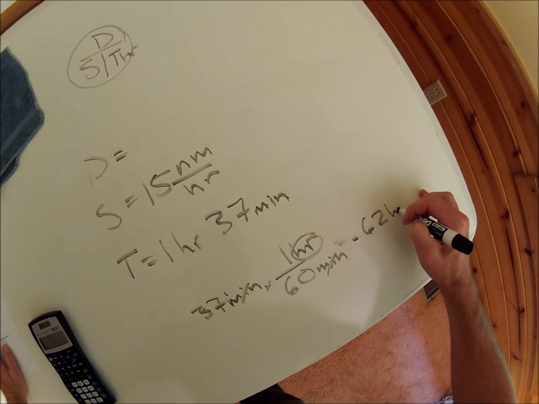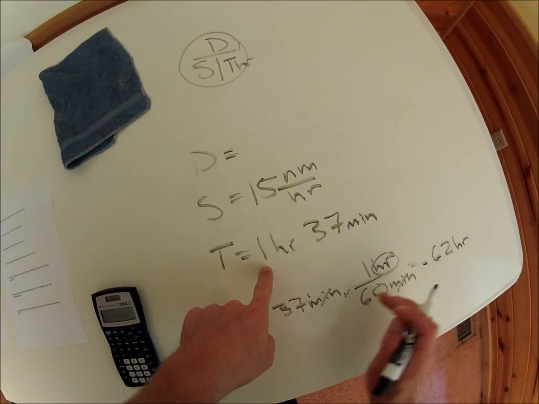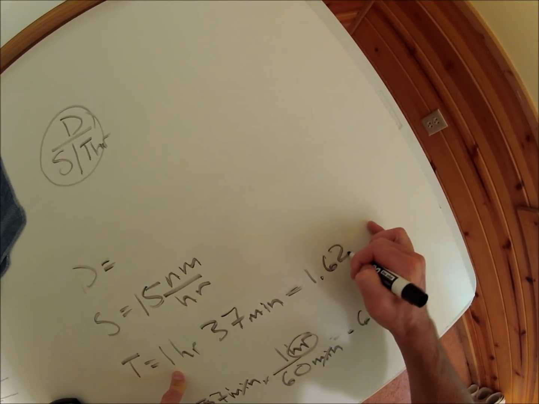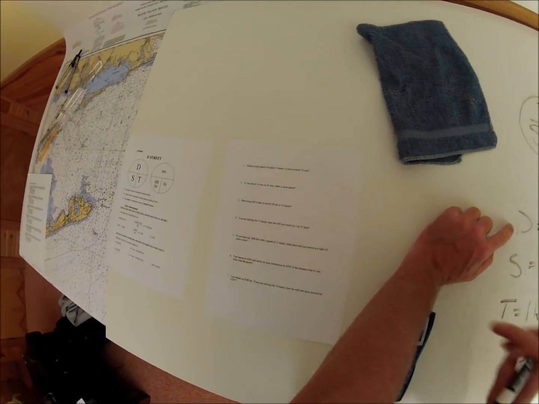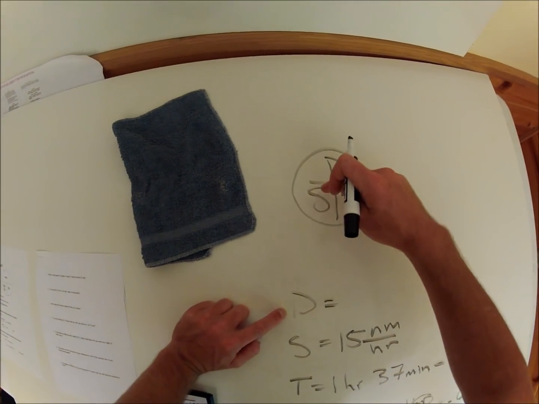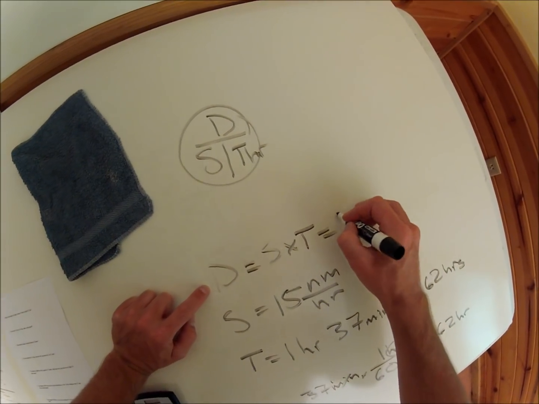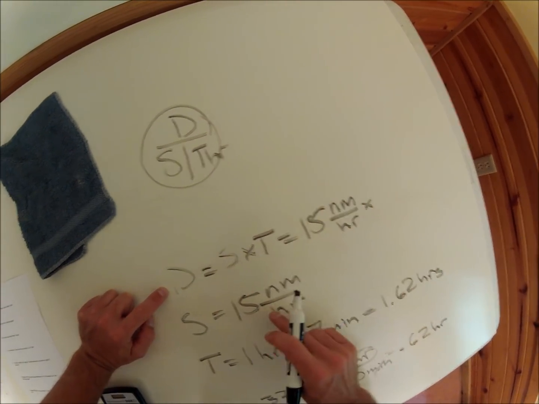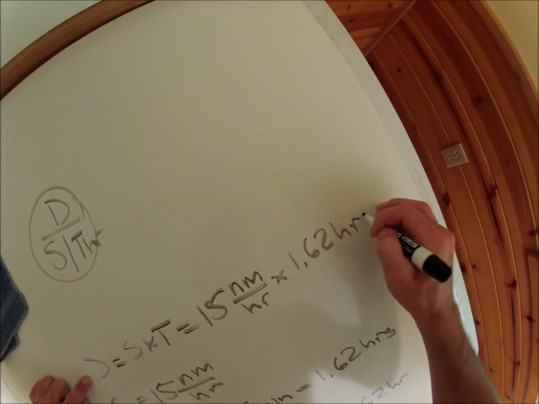So our time is 1.62 hours, right? And they're asking us, how far will you travel? They want to know a distance. Distance is equal to speed times time, which is equal to 15 nautical miles per hour times 1.62 hours.